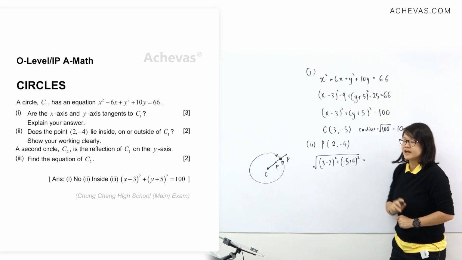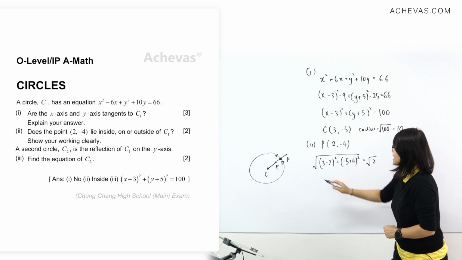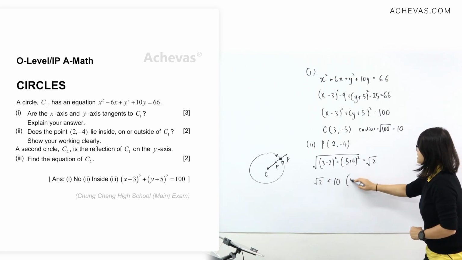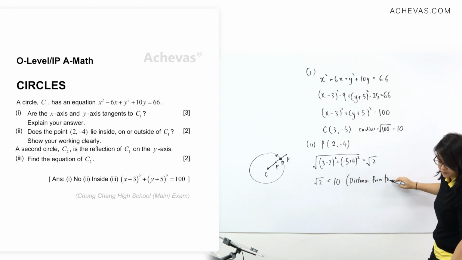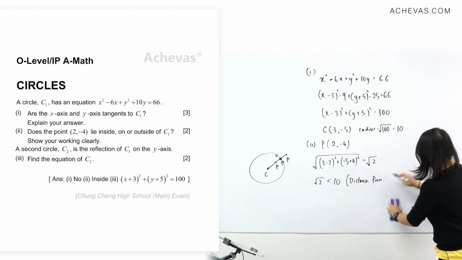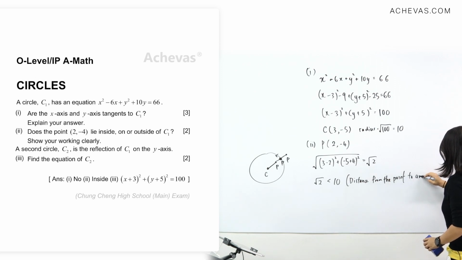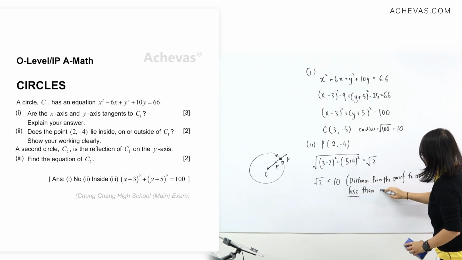So let me calculate this value here. So this one will be square root of 2. So we notice that square root 2 is less than 10, which also means distance from the point to center is less than radius of circle.